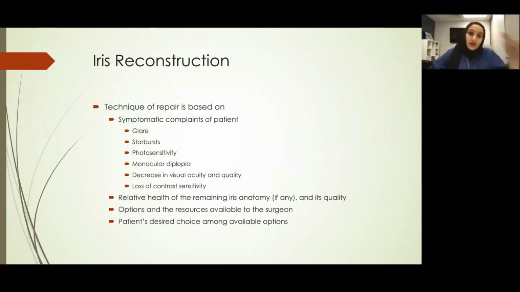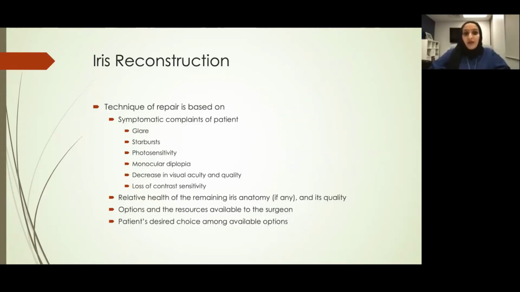Iris reconstruction, and the techniques for repair, is based on the symptomatic complaints of the patient: glare, starburst, photosensitivity, monocular diplopia, decreased visual acuity and quality, and loss of contrast sensitivity.